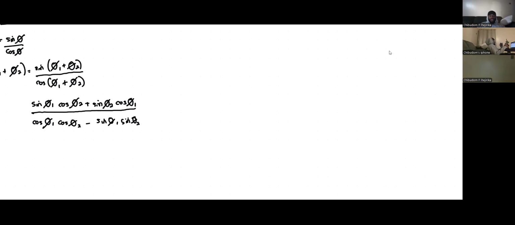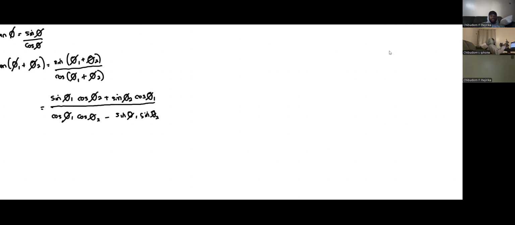When we do the algebraic part of things, we put that equal to there, and this is going to give us basically this: the tangent plus the tangent of this, over 1 minus the tangent.